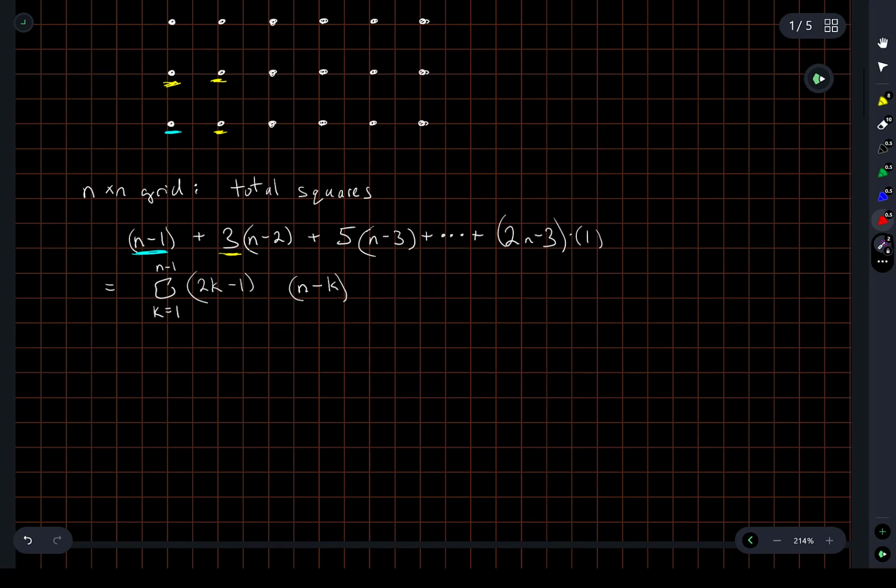Okay, so does this have a closed form expression? Well, let's break it up into 2 different sums.